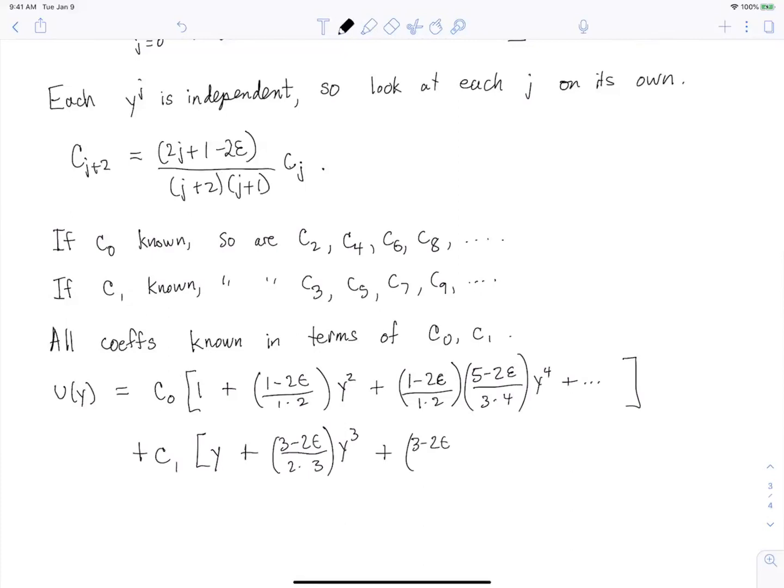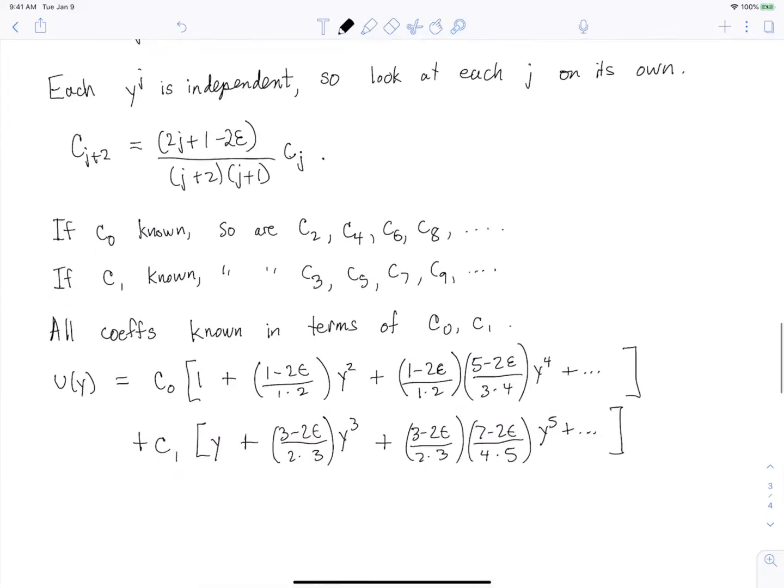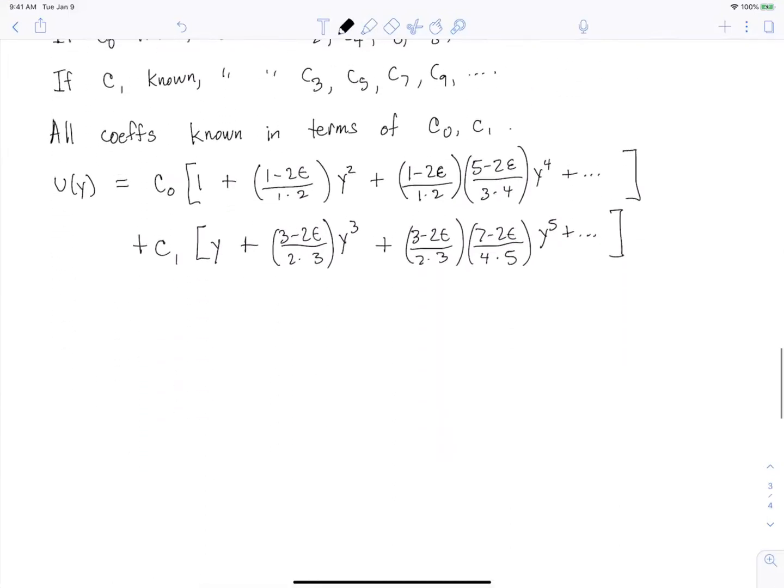We're just plugging in the results for each of our coefficients as we get them. That's y to the 5th, and then there will be y to the 7th, etc. Okay, so that's our general solution for u sub y.